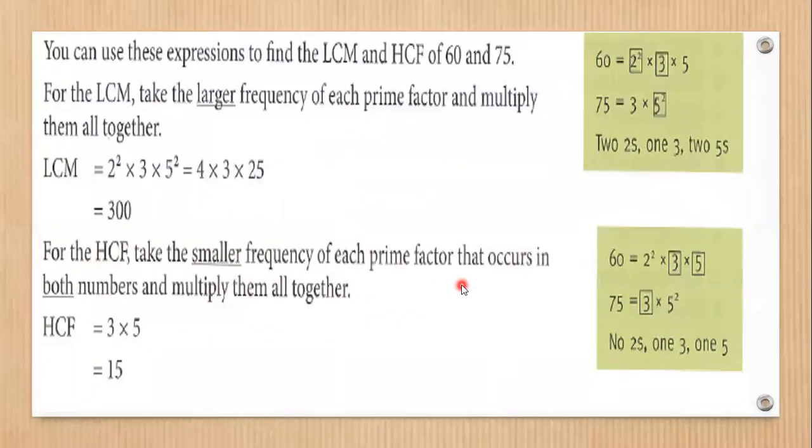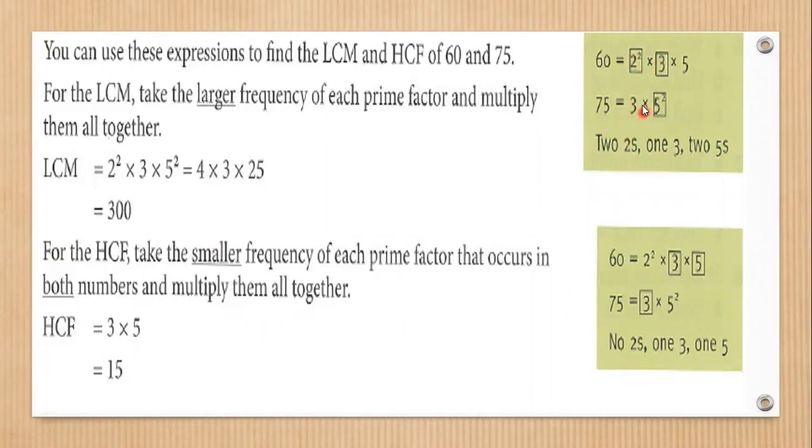Okay, let's start LCM. With the help of a tree diagram you can easily solve all the parts. At the end you multiply all the numbers that you get, and that is your LCM. For HCF, as you know, we check: here we have 2, but there is no 2 here, so we write 2.